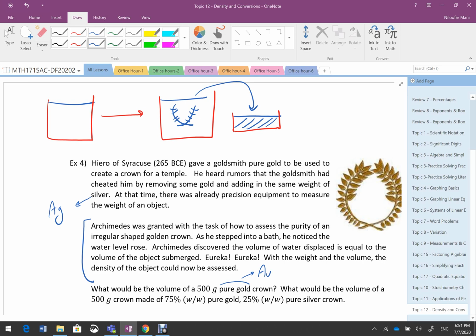So if we can find the volume of the crown, for example, if we ask for 500 gram and we believe it's pure gold, we can use the density of gold to find how much volume we have.